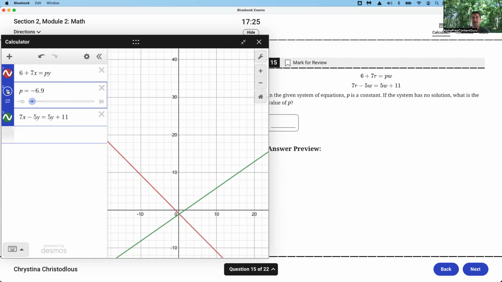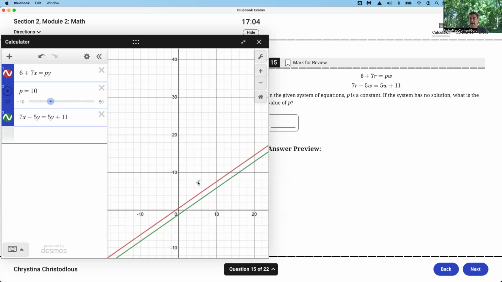And I'll just hit play and I'll watch it go. And maybe I'll pause it at some point. And I'll just roll. Too far. Bringing it back. It's going nice and slow. It looks like 10 may very well be the answer.